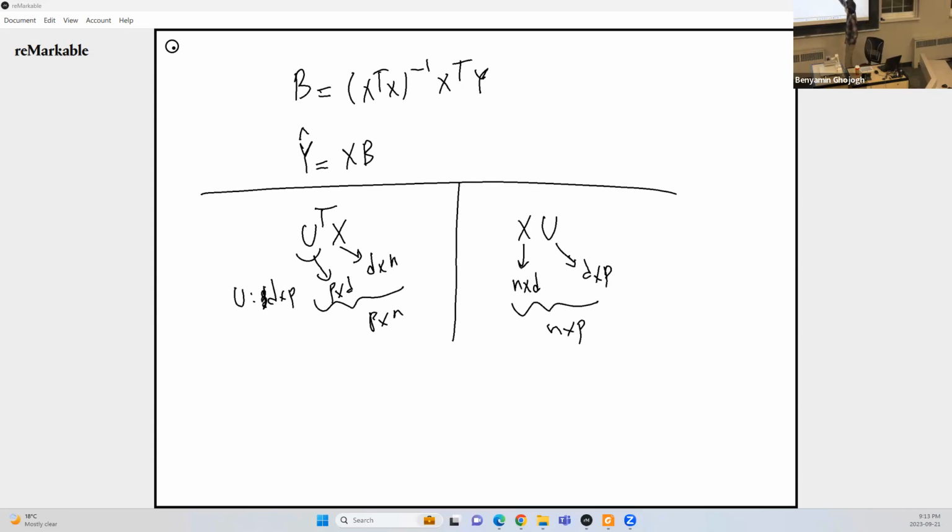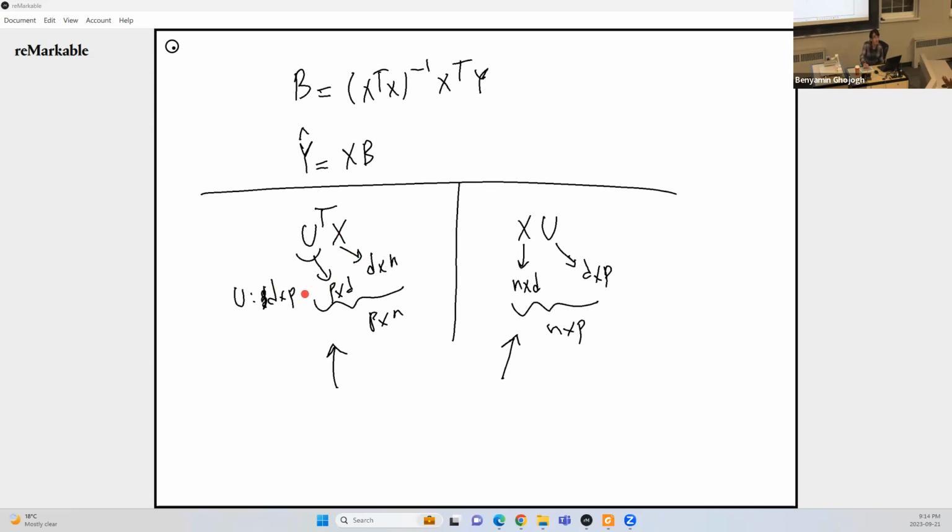What does it do? This one projects the rows of X onto the column space of U. The left-hand side one projects the columns of X onto the column space of U. In the left one, the projected data points are stacked column-wise. In this one, the projected data points are stacked row-wise. So again, let me repeat.